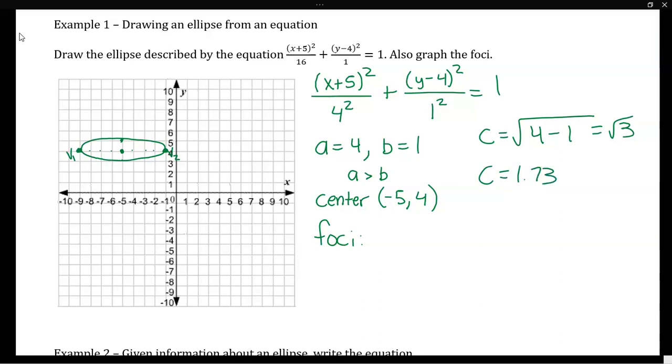So from the center, we need to go, so our center is -5, right?